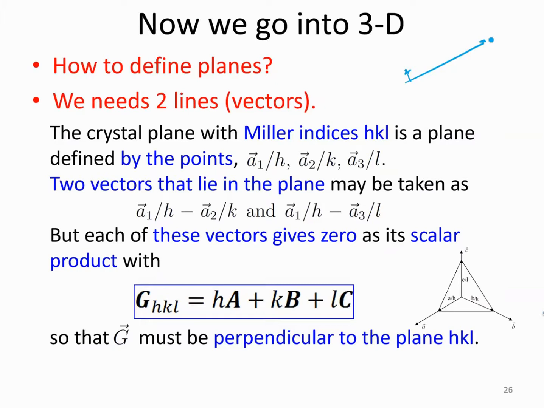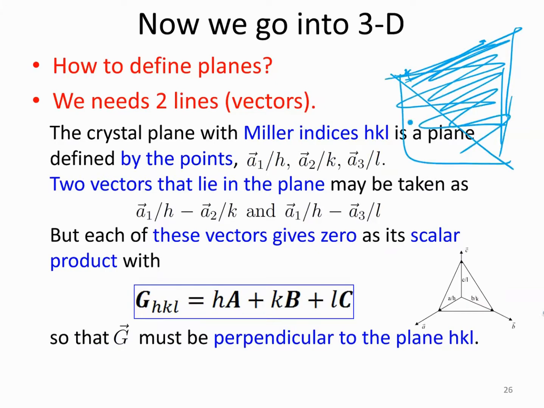To produce a plane, you need 2 lines. Whenever you have 2 lines, I can say that this is the plane along this direction. If you can't understand this, think about it. Whenever you want to define a plane, you must at least have 2 lines. So when we have two lines or two vectors, then we can define the plane.